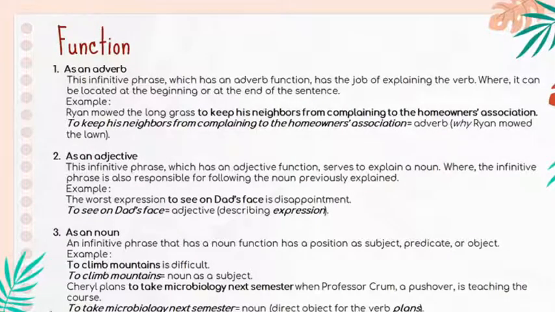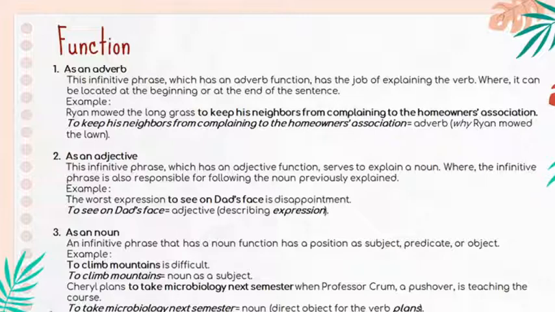And then about the function of infinitive phrase. The first, as an adverb. This infinitive phrase, which has an adverb function, has the job of explaining the verb, and can be located at the beginning or at the end of the sentence.